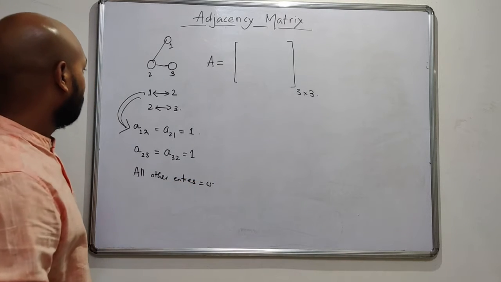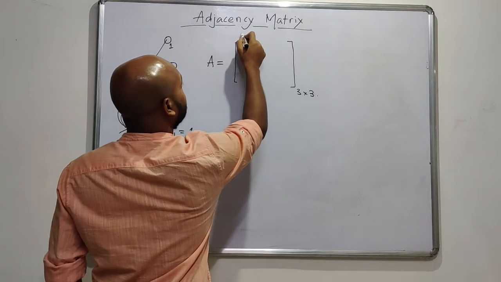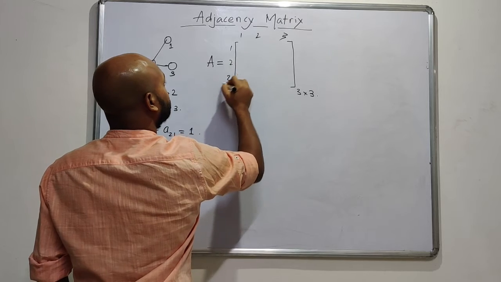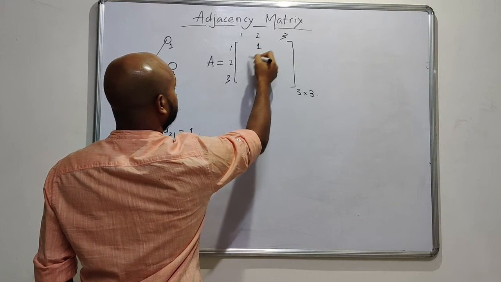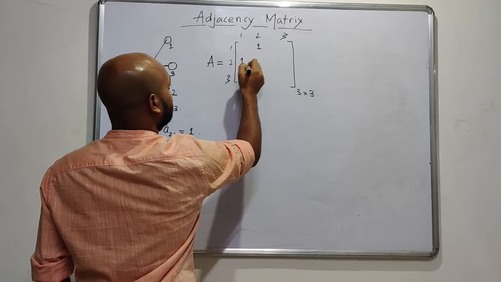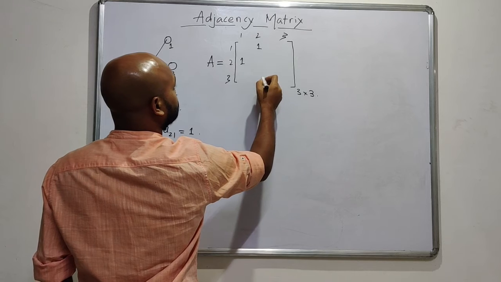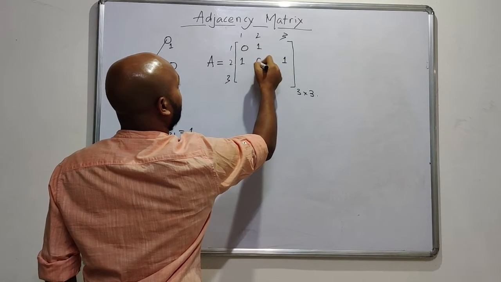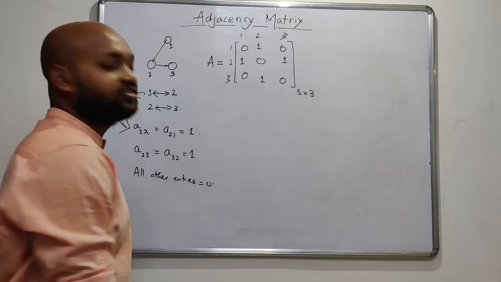Okay, so A12 and A21, let's name the positions 1, 2, 3 and 1, 2, 3. So 1 and 2 are linked, so there is a 1 here, there is a 1 here, and 2 and 3 are linked, so there is a 1 here and there is a 1 here, and all the rest of the places are 0.